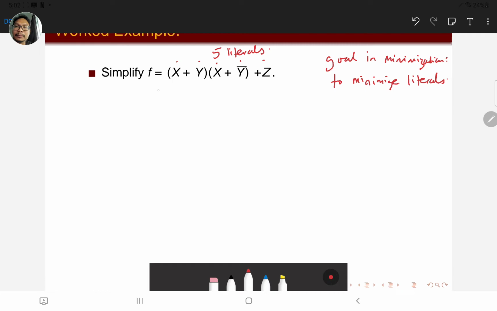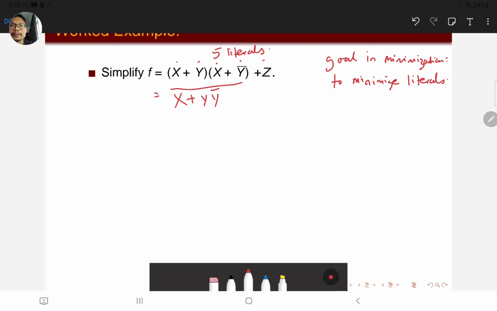In this simplification, x plus y bar plus z. What we can do is simply expand this, or if you want to go for a shortcut, it is simply going to be x plus y bar. As we remember from the previous theorem, x plus y bar is in fact x plus y together with x plus y bar, which is this term here.